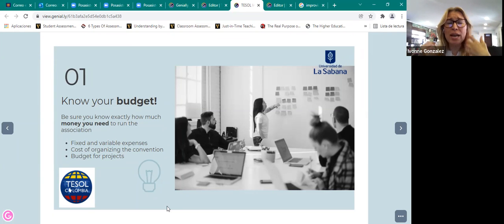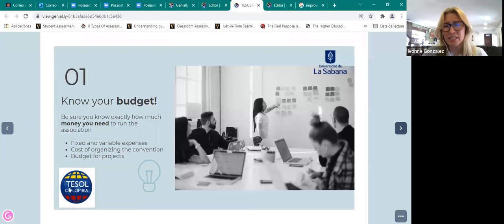So we have to make the analysis and the list of fixed and variable expenses to know exactly how much the association costs and how much it costs to implement and organize the convention or the activities that you want to implement. And when you decide what other projects you want to implement, again, make a list of the expenses to see how much they cost.